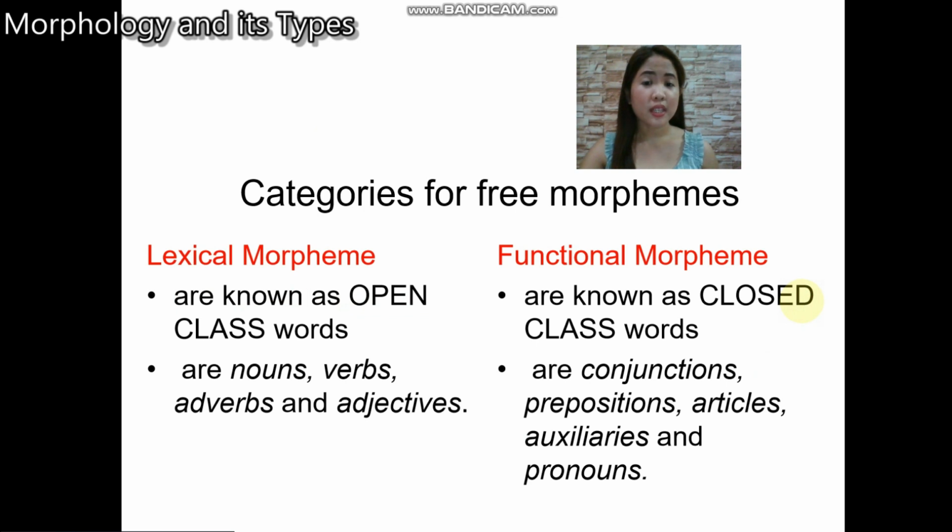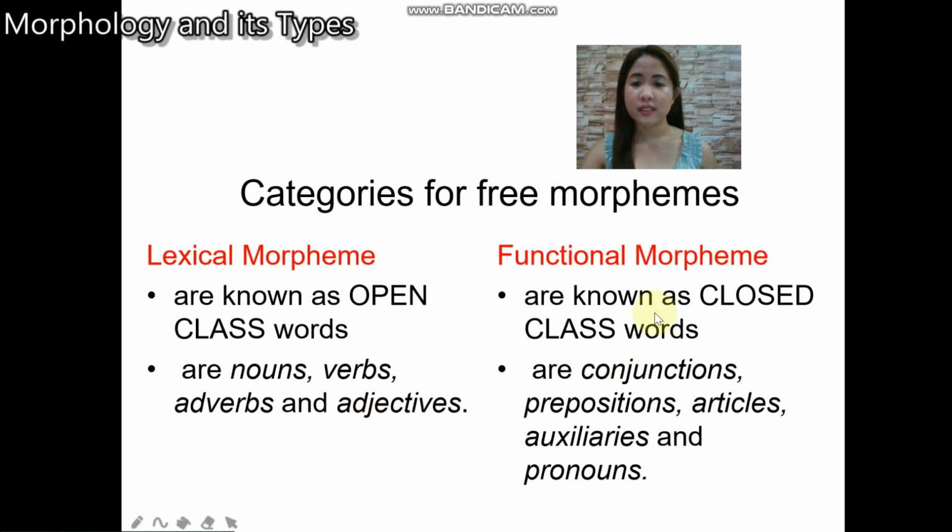There are two categories of free morphemes. First, we have the lexical morpheme, and the other one is the functional morpheme. Lexical morphemes are known as open class words because we can attach morphemes to these words. These take the forms of nouns, verbs, adverbs, and adjectives.